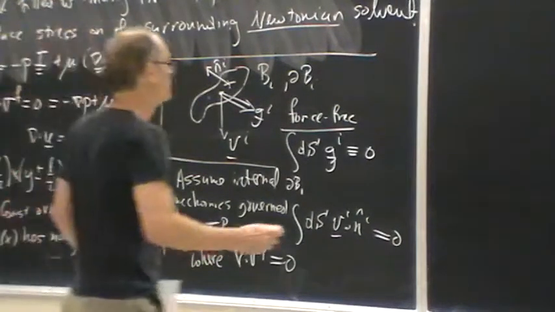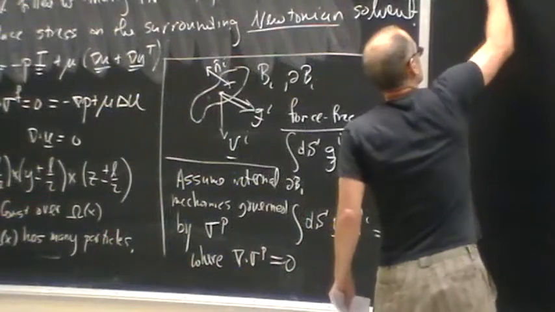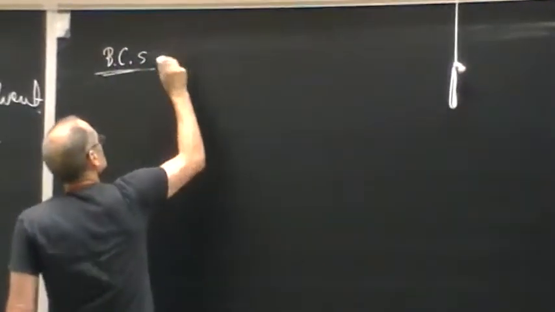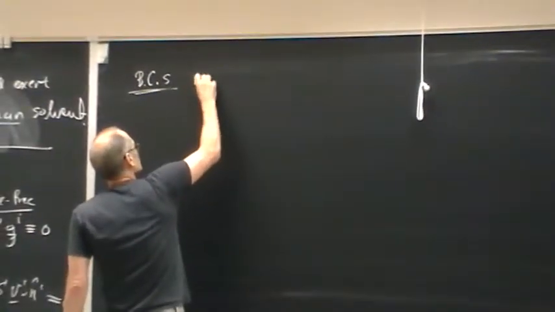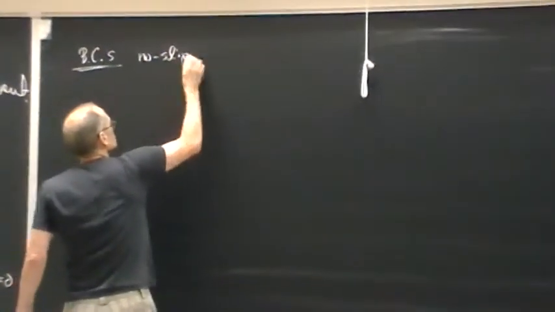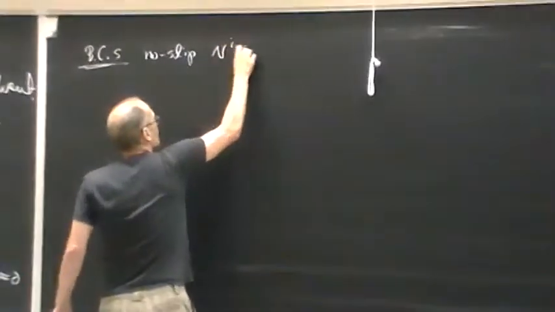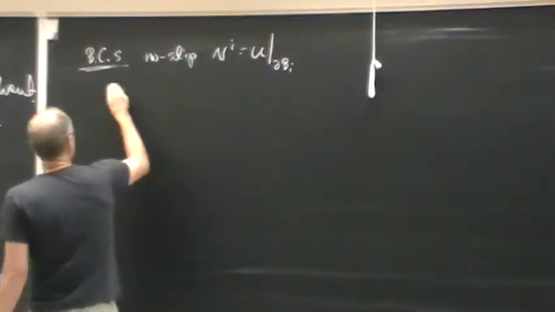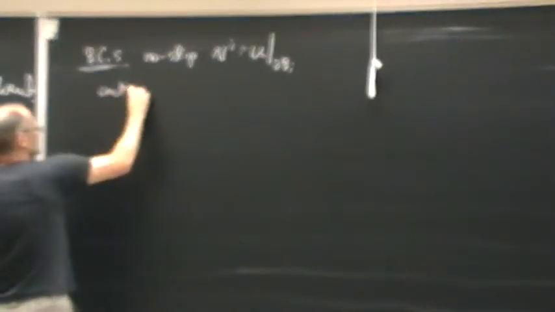Well, that's this, boundary conditions. So, one is no slip. So, V sub I is U evaluated on the boundary. And the second is continuity of stress.